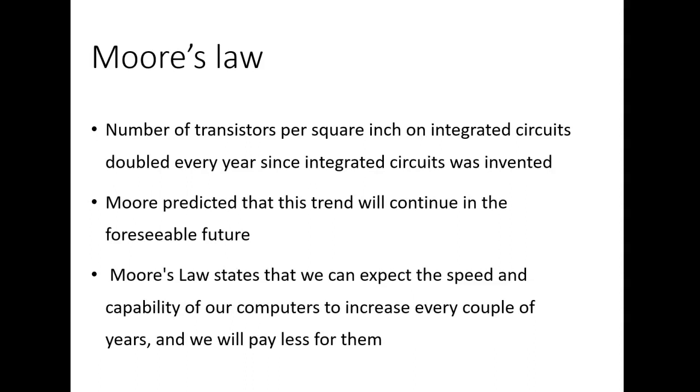So Moore's law correlates the number of transistors and the corresponding benefits in computer technology. This increased the speed and capability of our computers as we increase the transistor number every couple of years, and we will pay less for them.